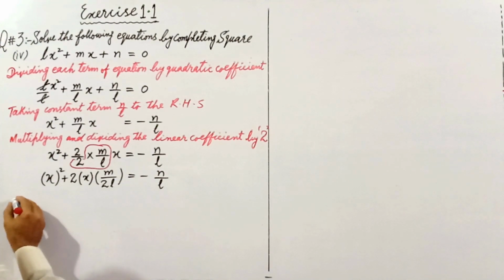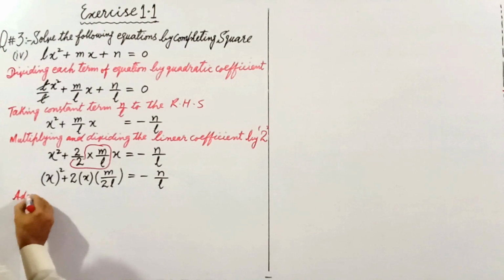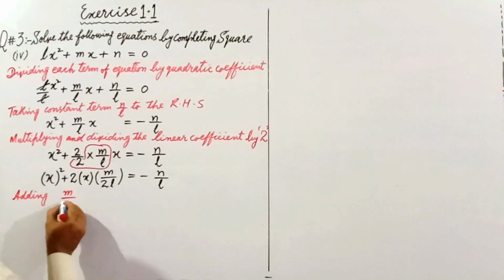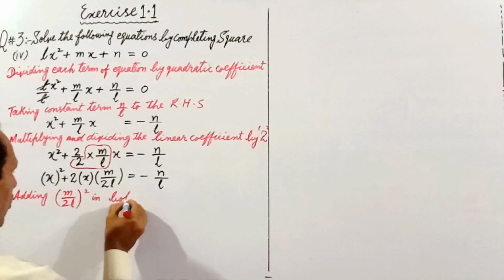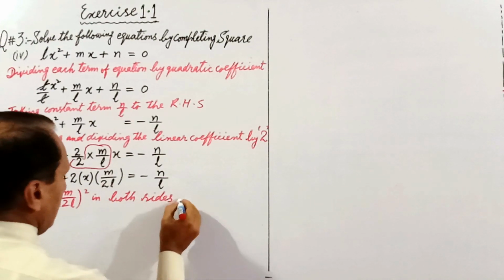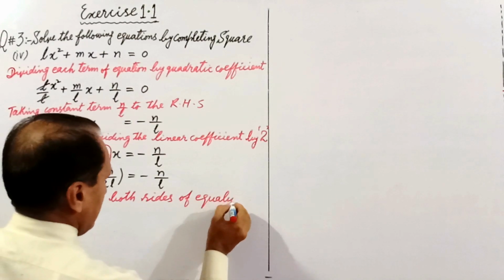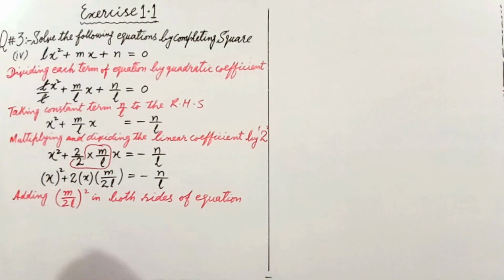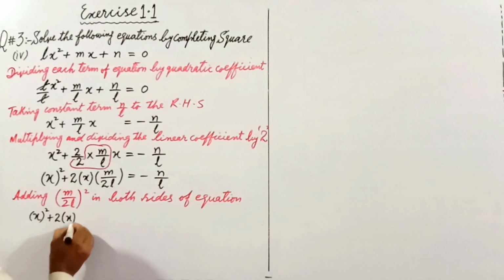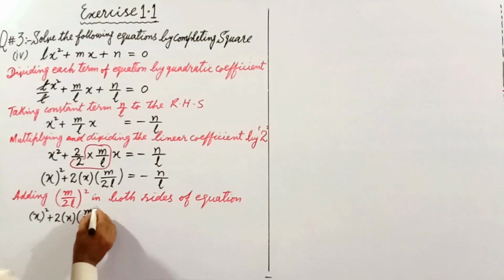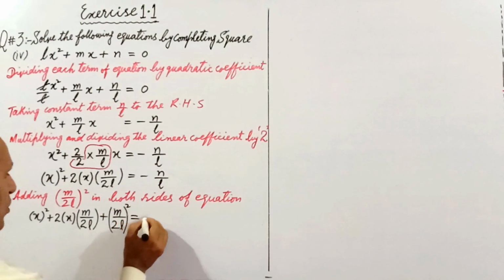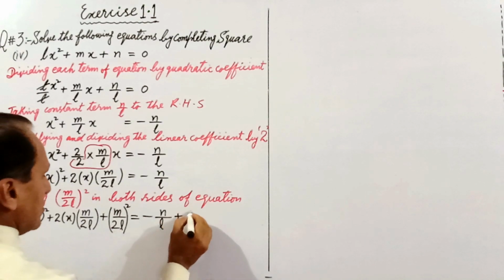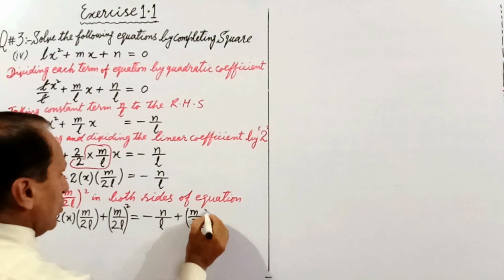So by adding m over 2l whole square on both sides of the equation, we have x square plus 2 into x into m over 2l plus m over 2l whole square is equal to minus n over l plus m over 2l whole square.